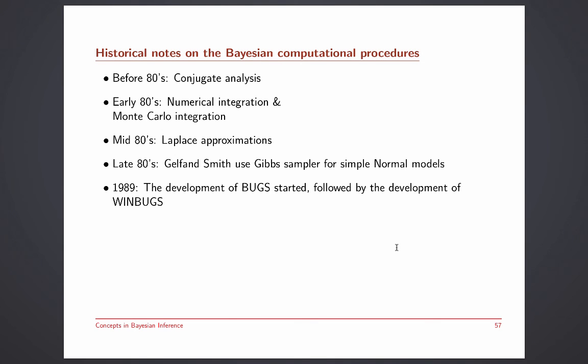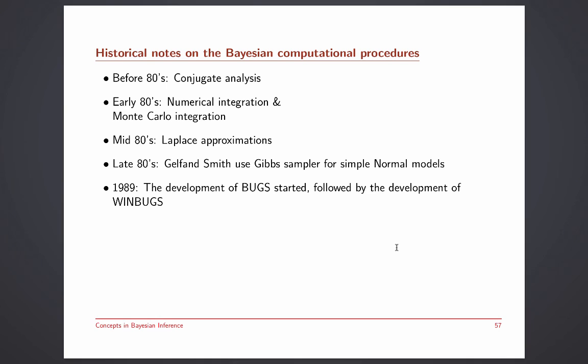Now, the Bayesian computational procedures have changed a lot. Before the 1980s, analysis was always conducted in a conjugate analysis in which analytical calculations are possible. In this course, we will also start with this conjugate analysis.